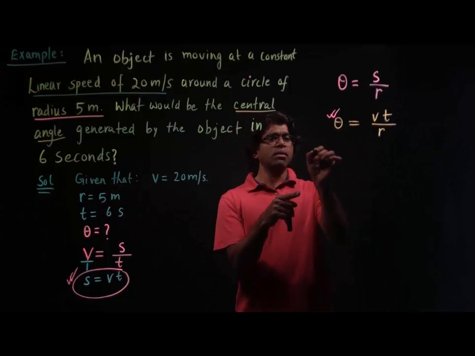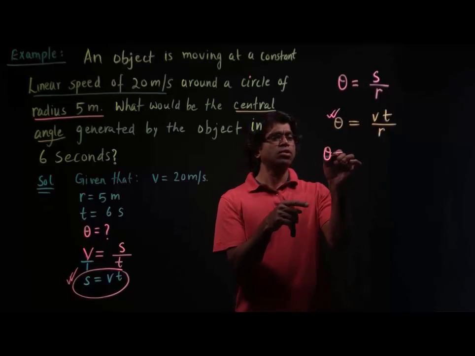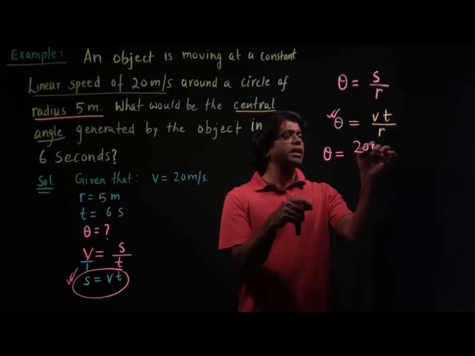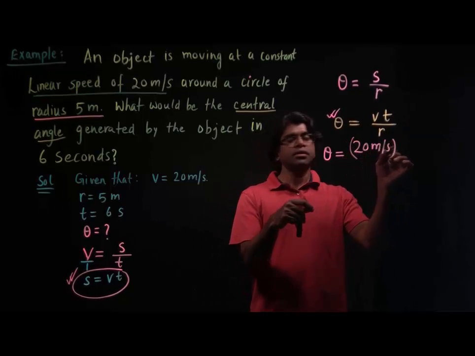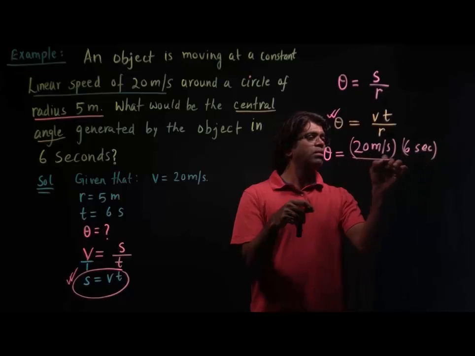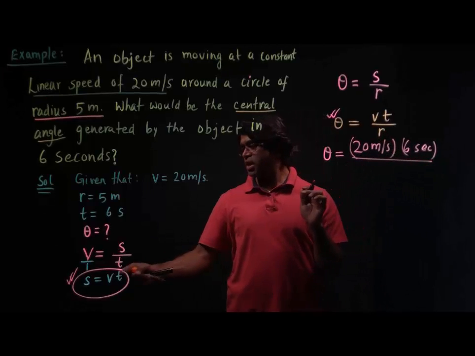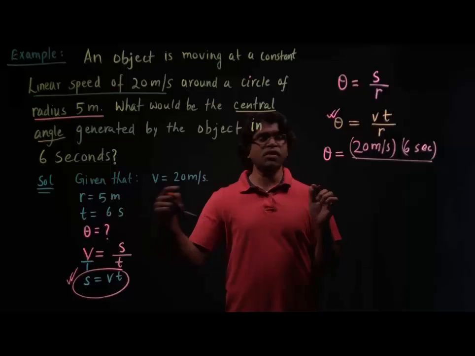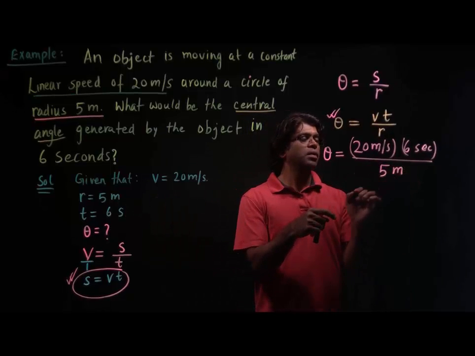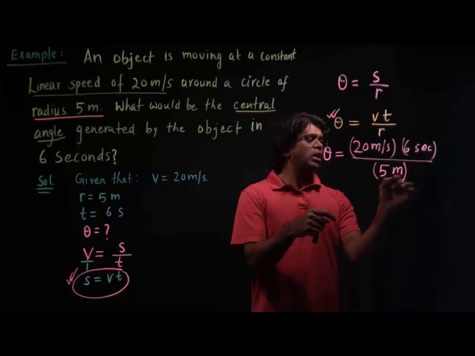We write theta is equal to, my velocity is 20 meters per second, my time is 6 seconds, over my radius, which is 5 meters. Now we have all the values.